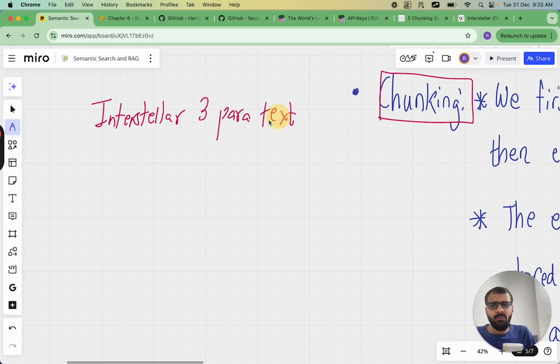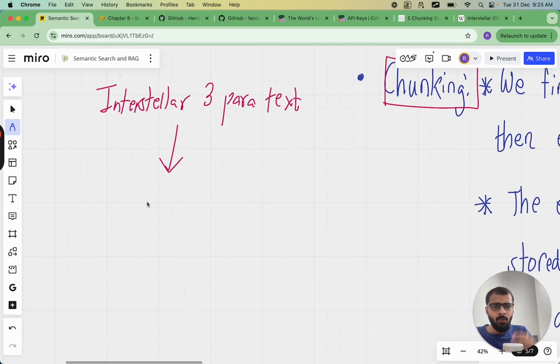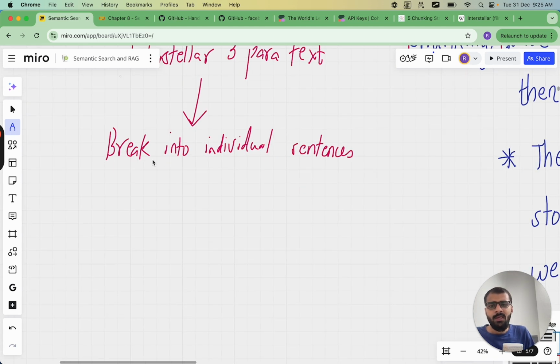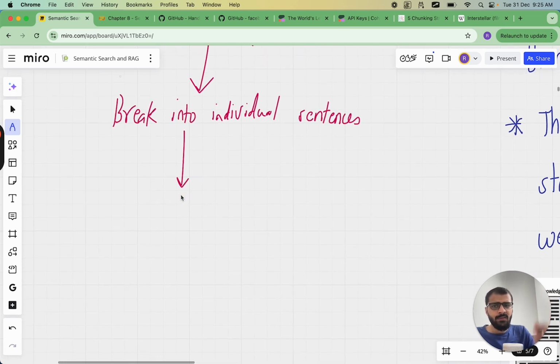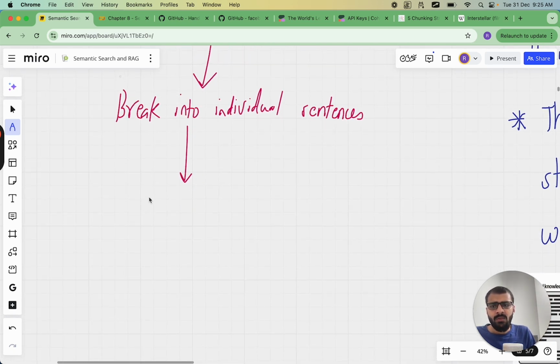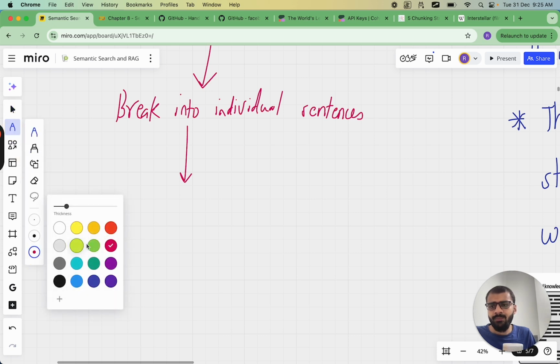What we did was we took the text and we broke the text down into individual sentences. And then we stored all of these sentences in a list. So we maintained a list which I'm going to draw right now.